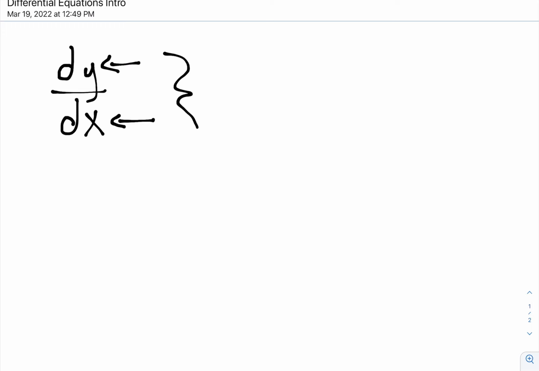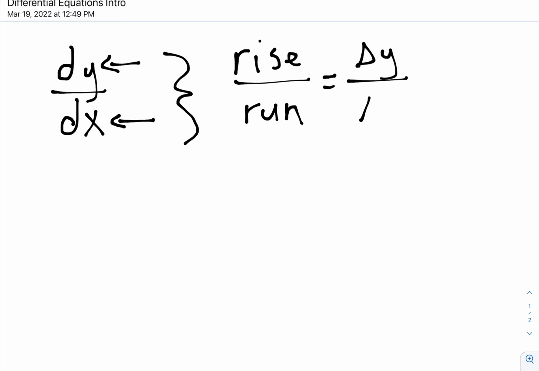So remember, when you first started to learn about functions and graphs, the slope was equal to the rise over the run, which is equal to the change in y over the change in x. And this is honestly the exact same thing.